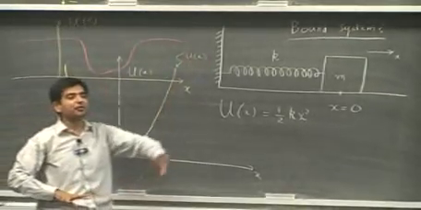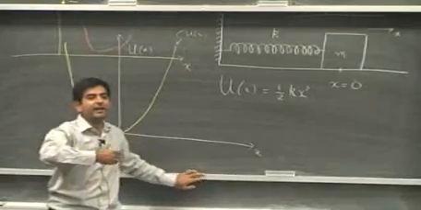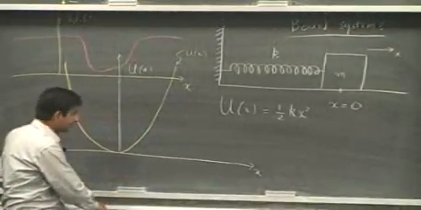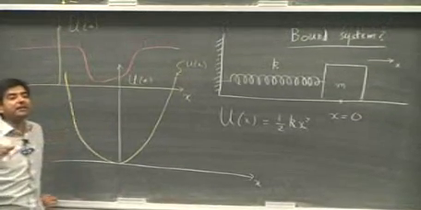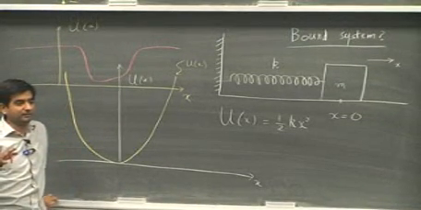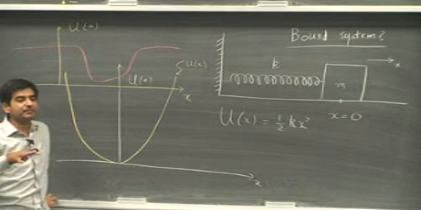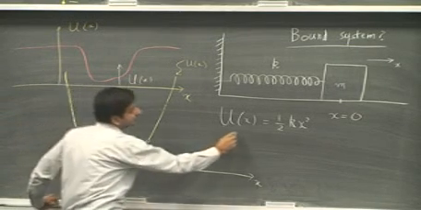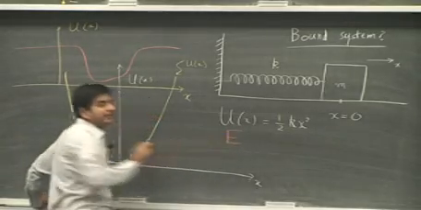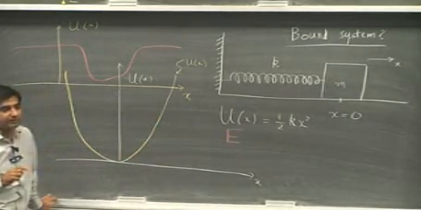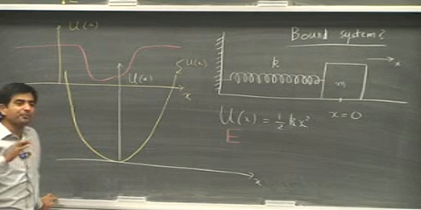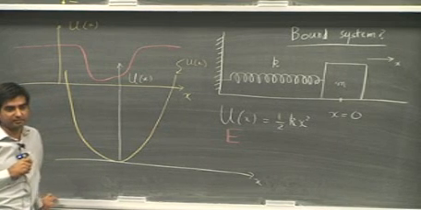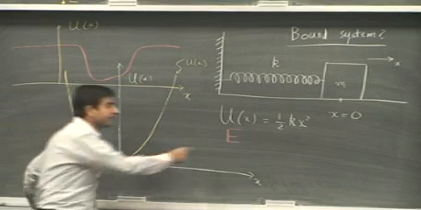So the potential energy goes on increasing as x keeps on increasing. Now the system will have some fixed energy. The energy of the system will be fixed. Suppose the energy is E. If E is the total energy of this mass, then this E comprises a kinetic component and a potential component. Suppose we fix the energy.